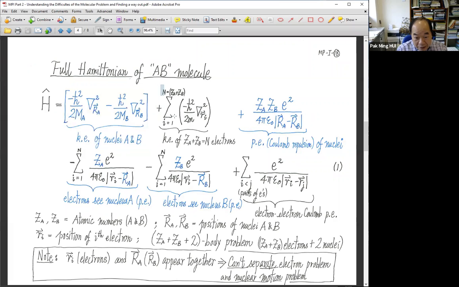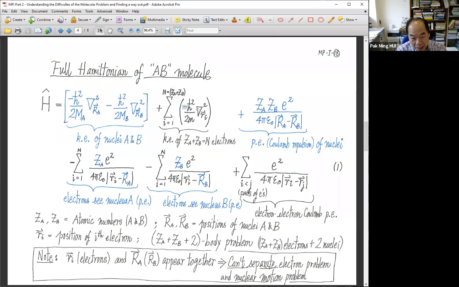Then we have the kinetic energy term of the electrons. Now, if you don't follow the symbols, please ask, okay? I'm trying to use the most common symbols. The small m is the mass of an electron. The big M is the mass of the two nuclei A and B, all right? Here, I already substituted the operator.